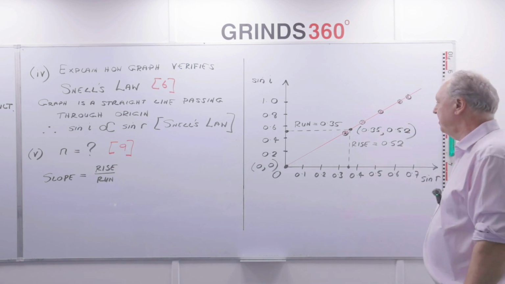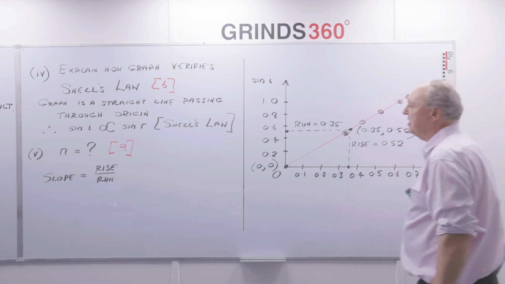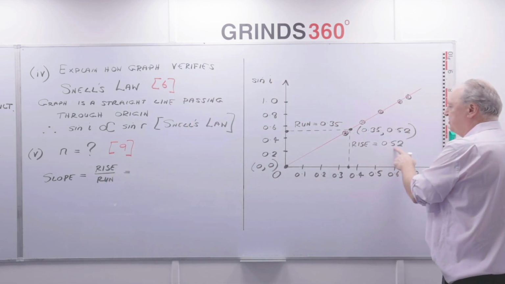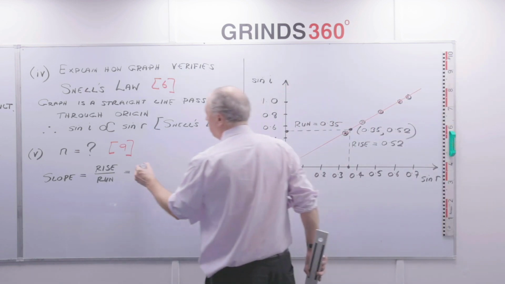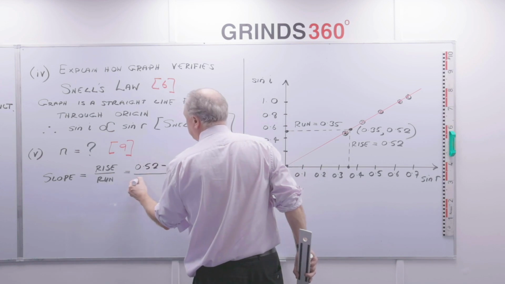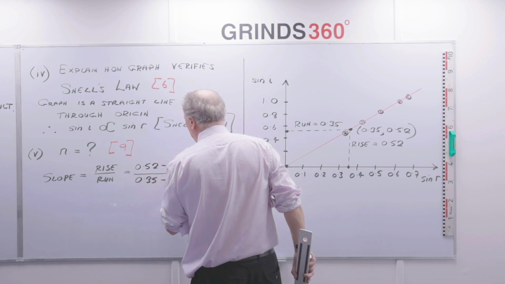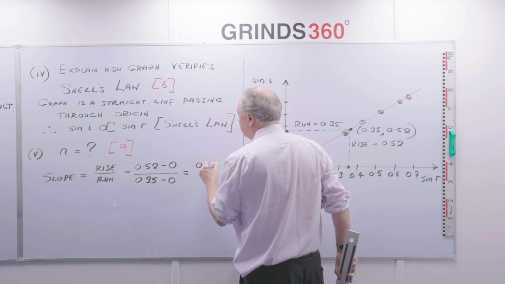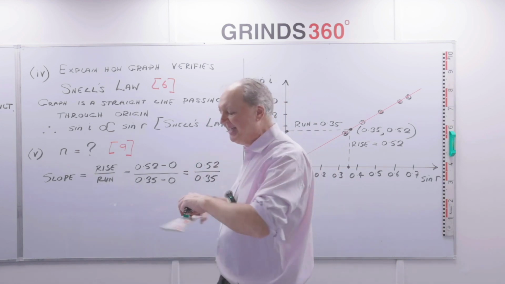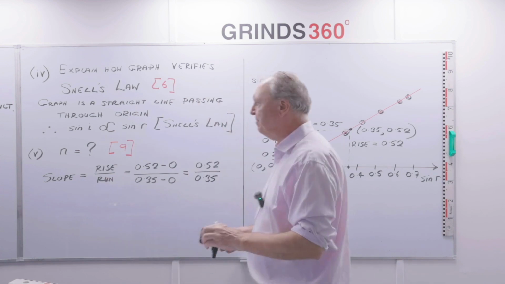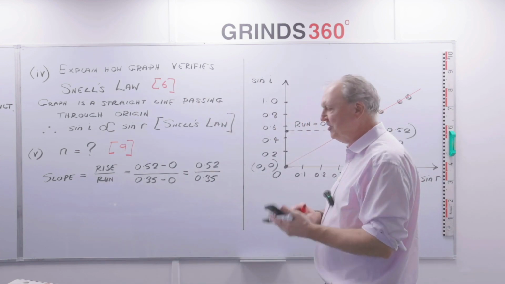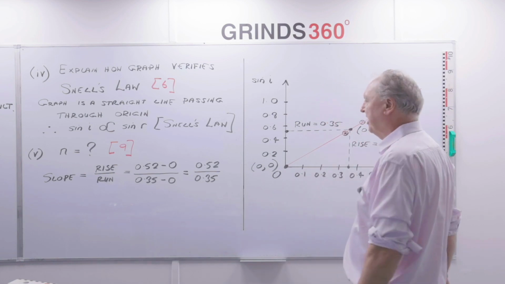The rise is, how far did you go up? Well, if I want to be pedantic, 0.52 minus 0. And what's the run? The run is 0.35 minus 0. So I end up getting 0.52 all over 0.35. I'm going to put that into my calculator to give me my refractive index, because the slope is the refractive index.